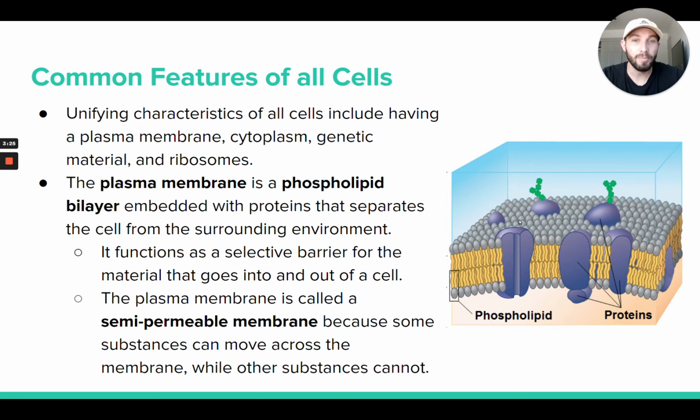We say that the cell membrane is semi-permeable because it allows certain things to go into the cell, but other types of things can't go into the cell. These proteins play an important role in that because some of their jobs include letting certain things into and out of the cell and not letting other things into and out of the cell. So that's the cell membrane or the plasma membrane.